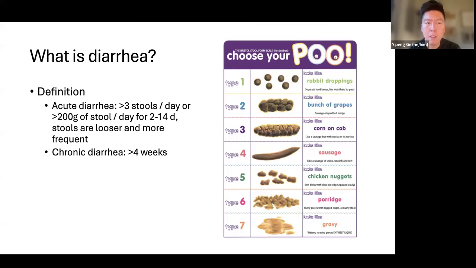Stools being looser and more frequent is one of the biggest things patients usually notice and might present with as the main complaint of diarrhea. Keeping in mind acute diarrhea around the 2-week mark is a good rule of thumb. The definition for chronic diarrhea is over 4 weeks in length.